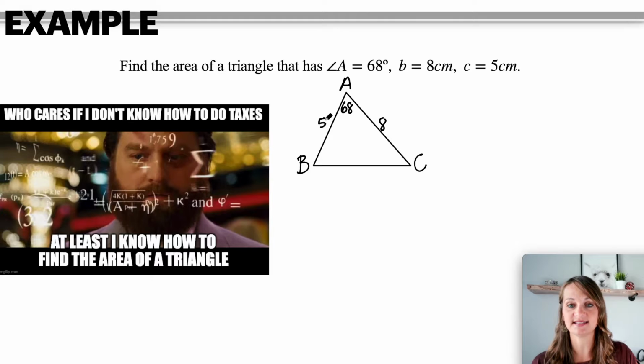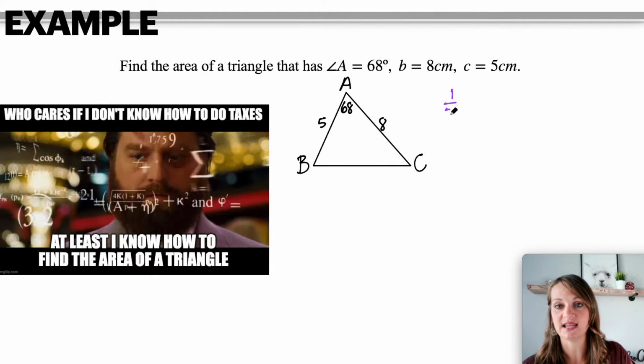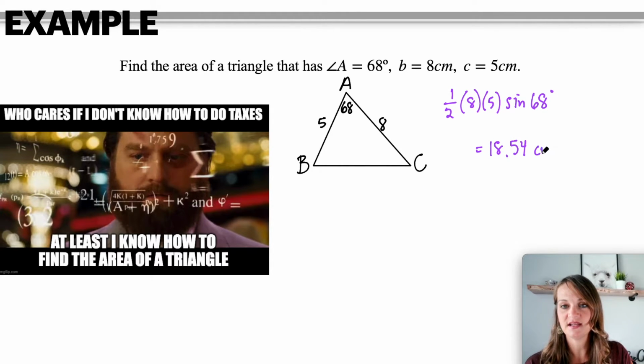So yes, this is a side angle side because we have two sides and the angle in between the two sides. All we're going to do is take half, multiply the two sides together, and multiply that by the sine of your angle. And you will get 18.54 centimeters squared.